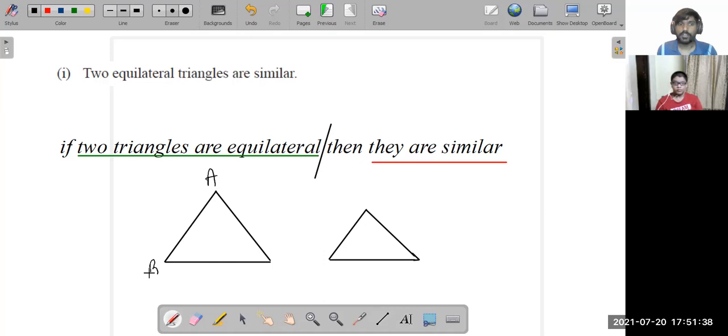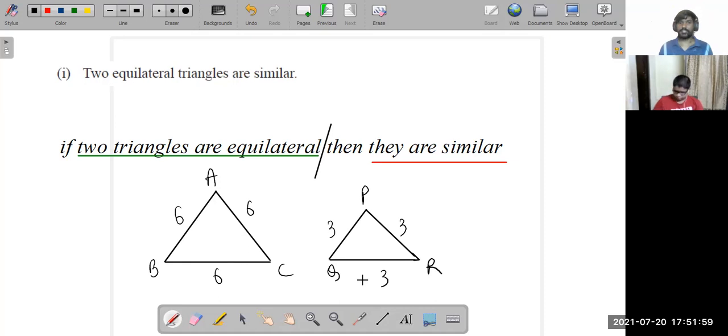All the angles of an equilateral triangle are 60 degrees. So you just have to draw two equilateral triangles of different lengths. The first triangle has 6, 6, 6. The second triangle can have 3, 3, 3. Both of these triangles are similar.